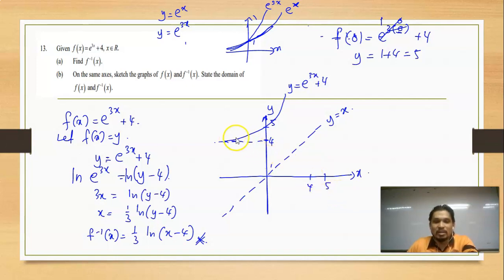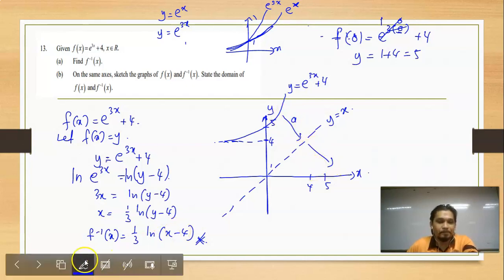Just imagine that this graph is shifted to the other side by the same units.